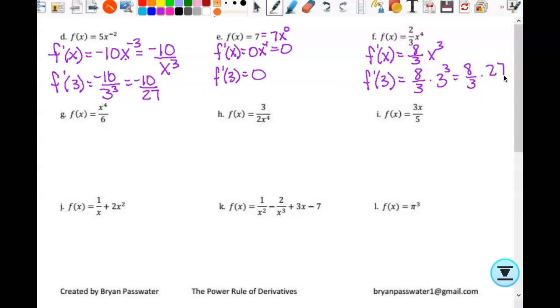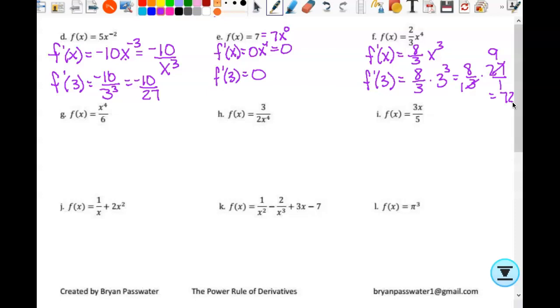I really don't want to multiply 8 times 27. Do I have to? No, because I can reduce this, and this becomes 9. So overall, this becomes 72. Right? I could multiply and then divide, but it's better to reduce it as you go. Questions? Got it? Okay.